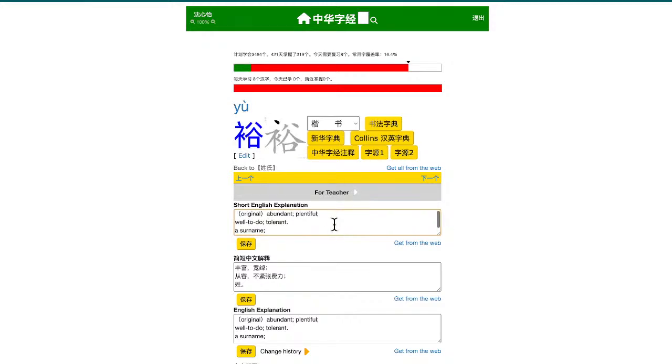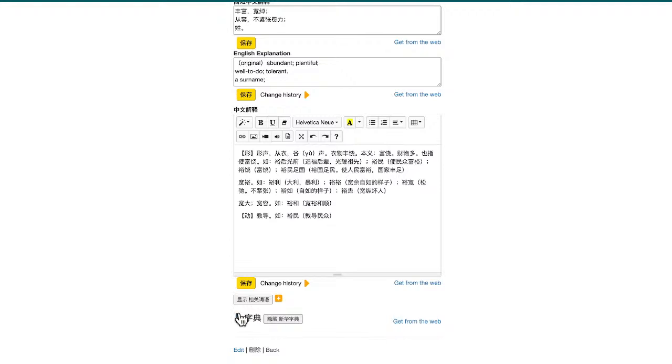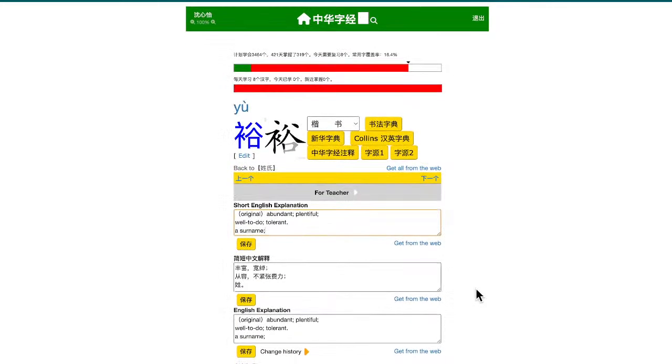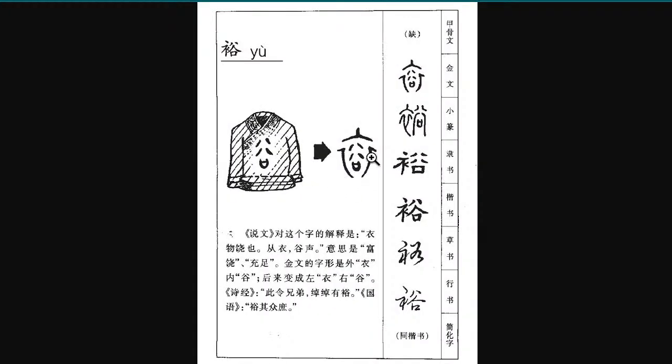A lot of those characters do not have common words, because they are used as a surname and pretty much not used for any other purposes. Okay, that's why. Let's take a look at the character itself. This one goes with the clothing radical. And then the other part is 谷. 谷 means crop, things like rice and wheat.